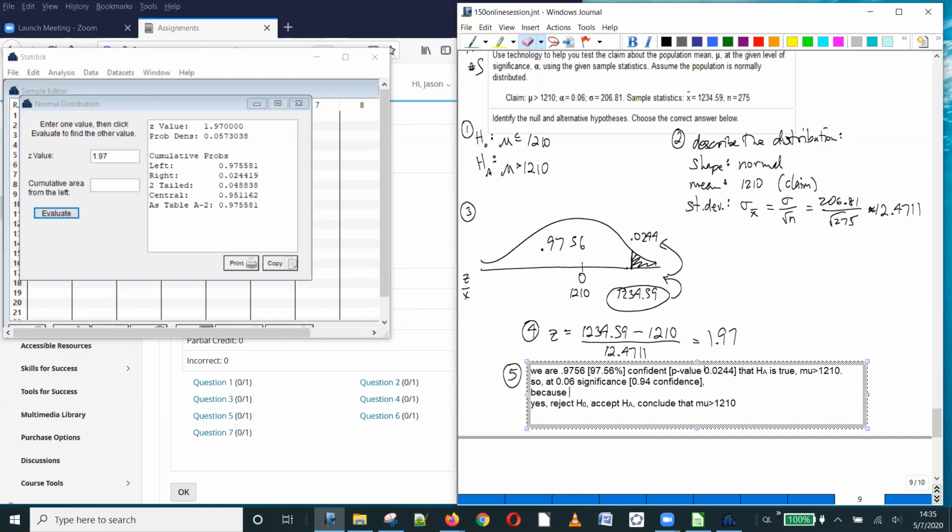So because 0.9756 is greater than 0.94, which is the same as saying 0.0244 is less than 0.06, then we say, yes, we reject H0 and accept HA.